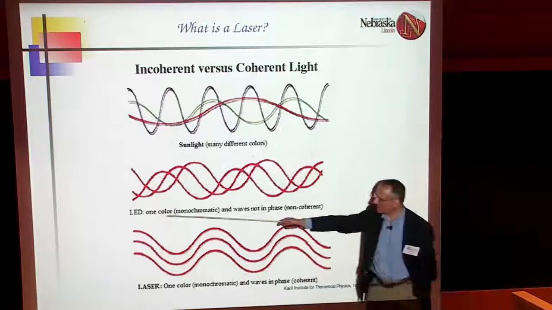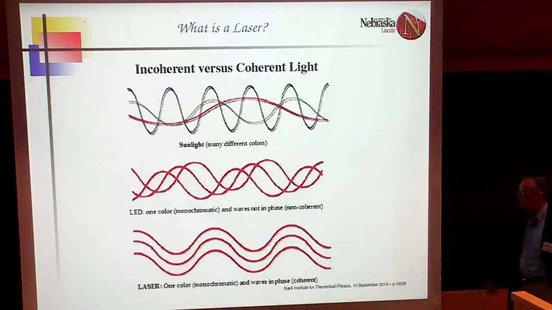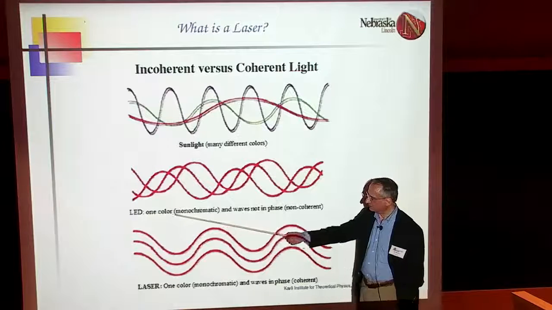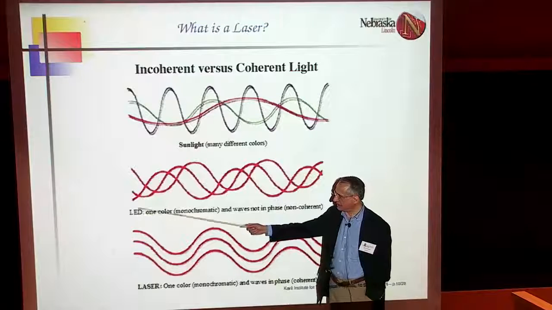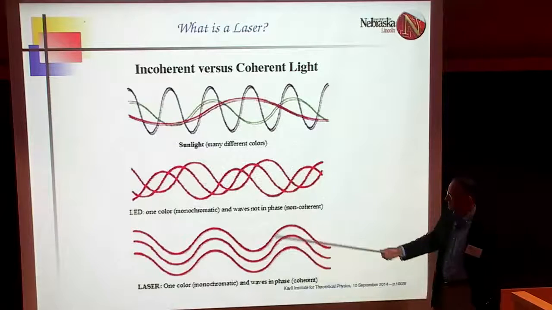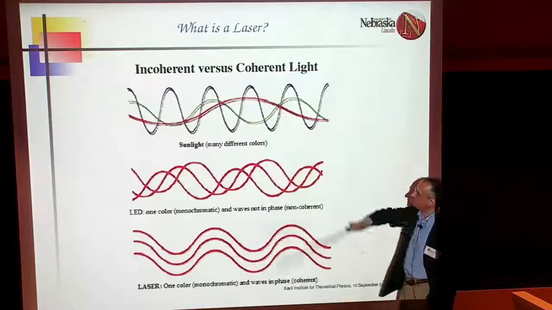If you have an LED, light-emitting diode, which now is becoming an efficient means for lighting, there you have a single color, but all of the atoms in the device are emitting independently of one another. So you have an incoherent emission here, incoherent emission here.